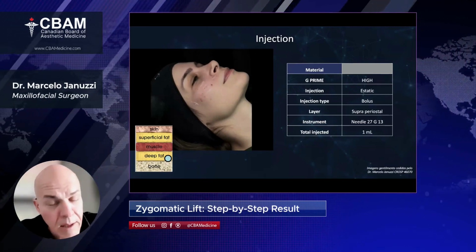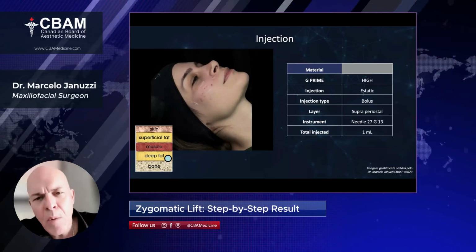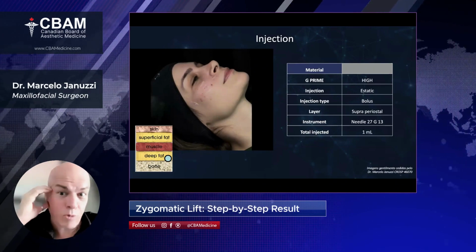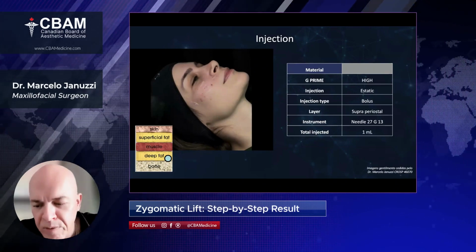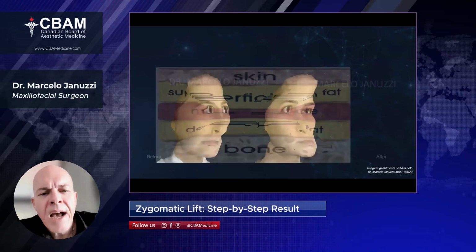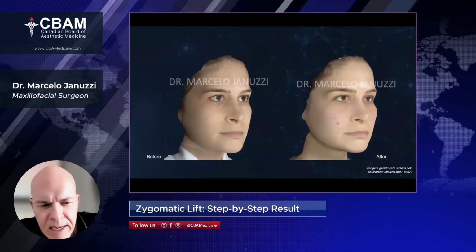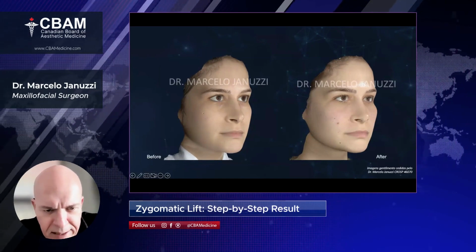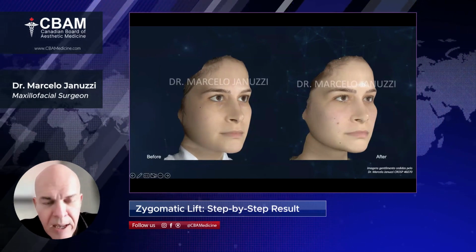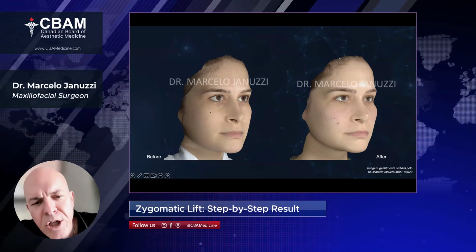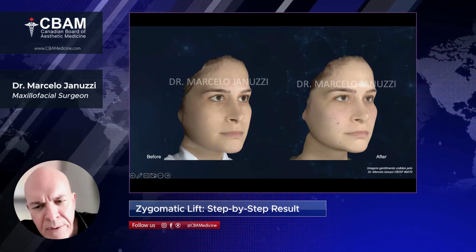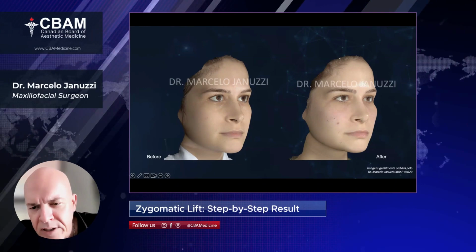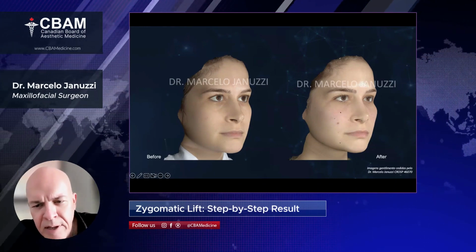After that, we need to evaluate if we have some stretching, like I told you before. So after that, we can see before and after stereophotogrammetries.